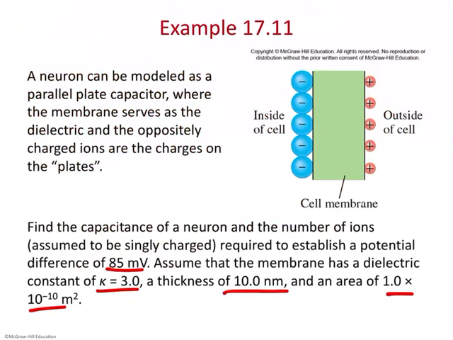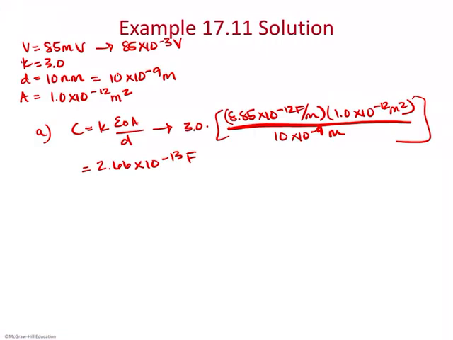The next question that it actually asked in that slide was to find the capacitance and the number of ions. It's not really a part A and B, but I'm making it part A and B, I guess. We are looking for the number of ions. We found the capacitance, and are we given a voltage in here?